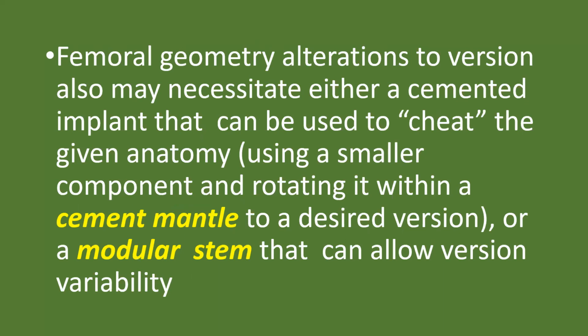Alterations to version may also necessitate either a cemented implant that can be used to suit the given anatomy, using a smaller component and rotating it within a cement mantle to a desired version, or a modular stem that can allow version variability.